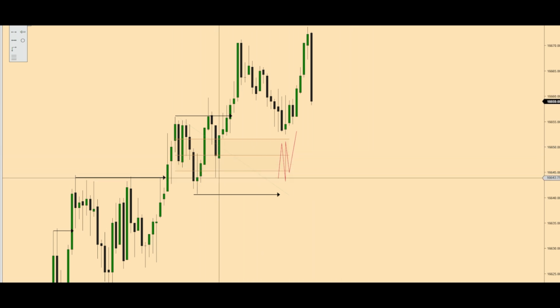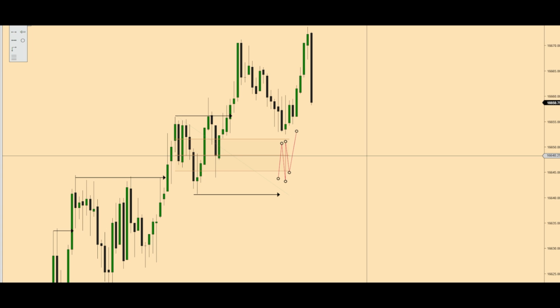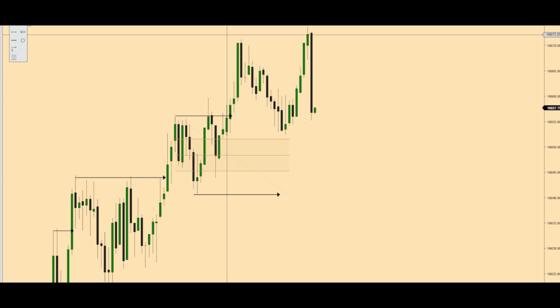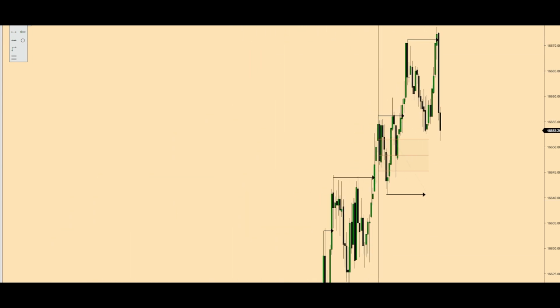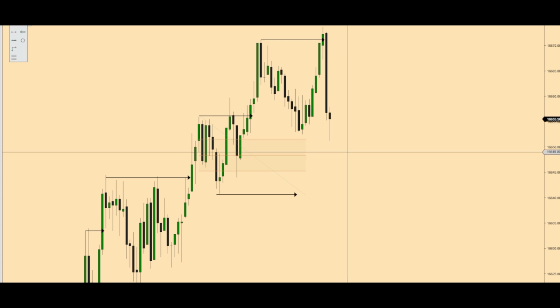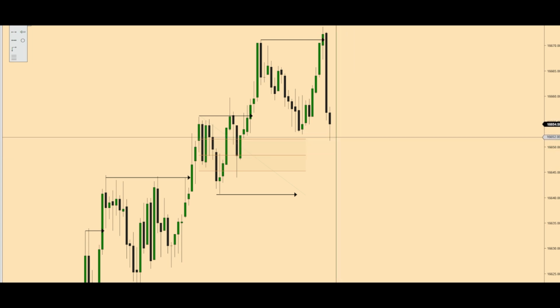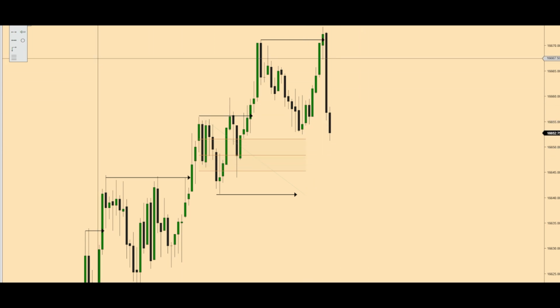But if my rules say it needs to at least get down here, then I can't take it. And so let's see. Got a candle closure, but on a higher time frame, it looks like it's putting in a wick. And I still don't know really how to get involved.